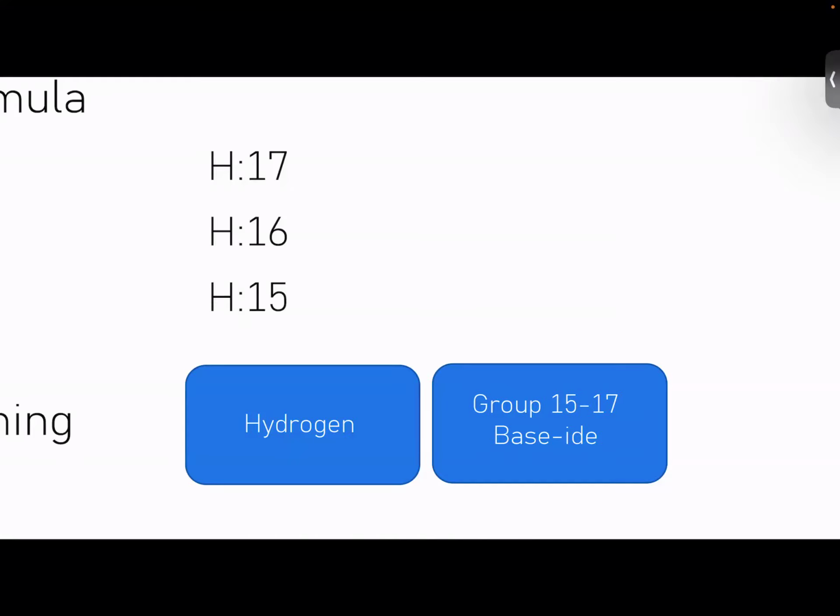Why isn't that included in binary covalent? Because if it's binary covalent, we would be using prefix systems. And we don't use prefixes because the hydrogen combines in a very specific ratio all the time. So you don't have to use the prefixes.